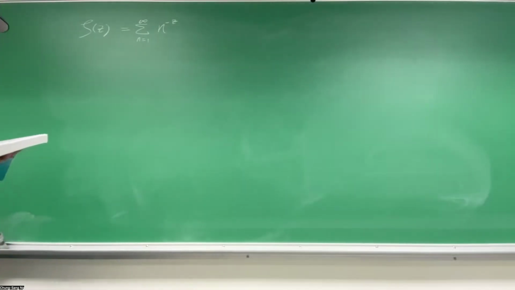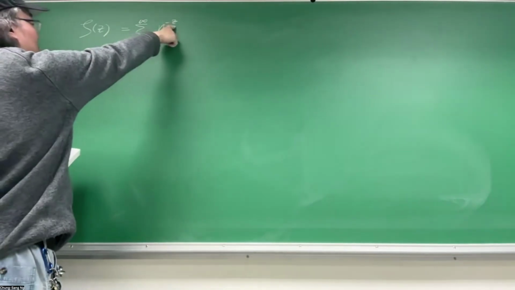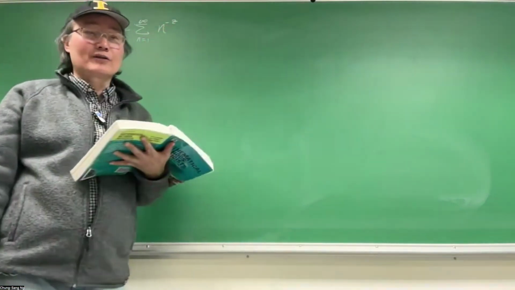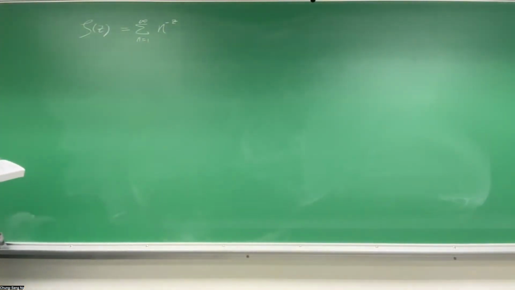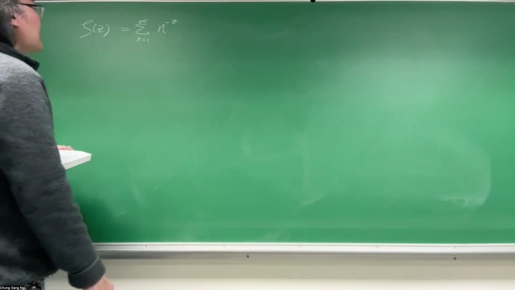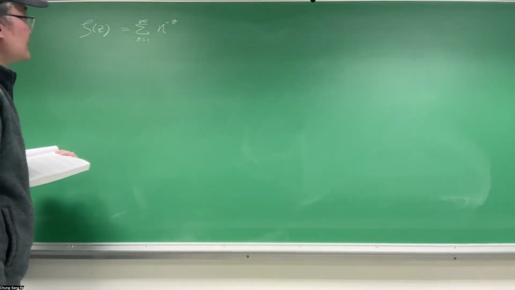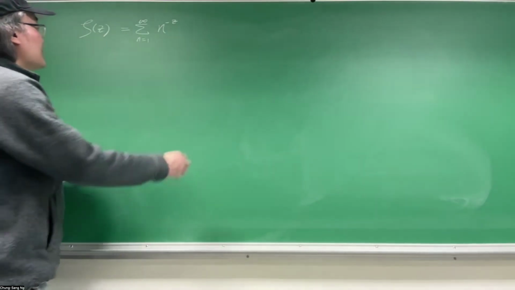And obviously, if z equals 1, it is the harmonic series, which is divergent. And then just a little bit of consideration will show that the convergence requires z greater than 1.